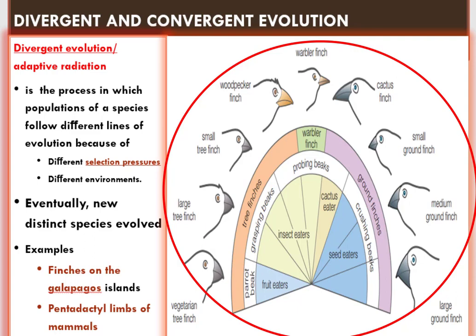This is due to different selection pressures in different environments. That means divergent evolution may occur as a response to changes in abiotic factors such as change in environmental conditions or when a new niche becomes available.